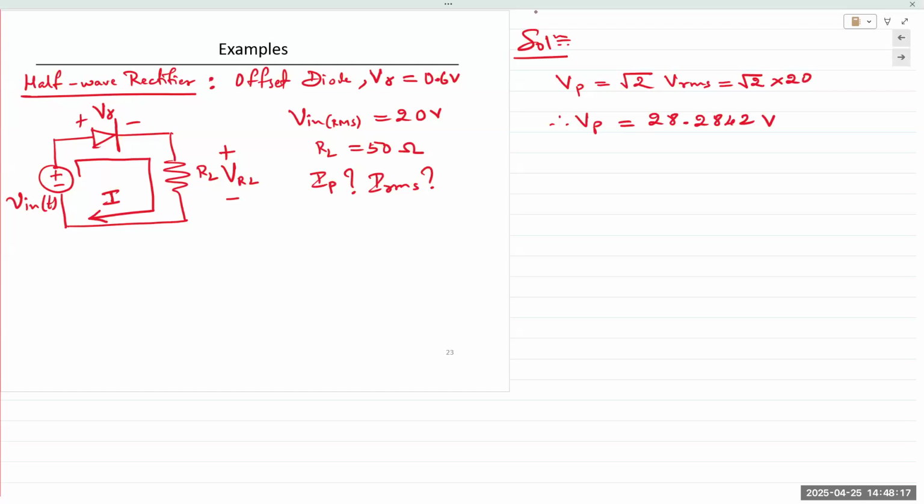So now we can apply Ohm's law and find IP as VP over RL. 28.2842 divided by 50. What is the answer?